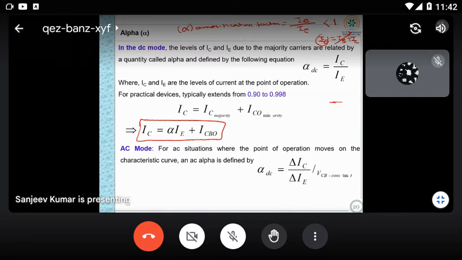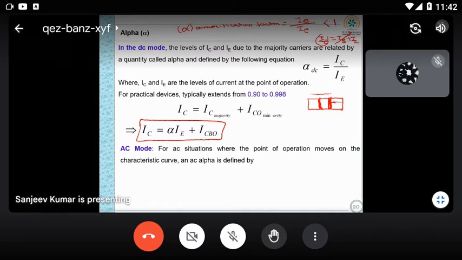ICBO. You have already seen this when I explained the transistor properties. Total IC is equal to IC majority, due to forward bias, plus the current due to the reverse bias, because two layers are there. No? If you remember, two layers are there. This is thinner and this is thicker.